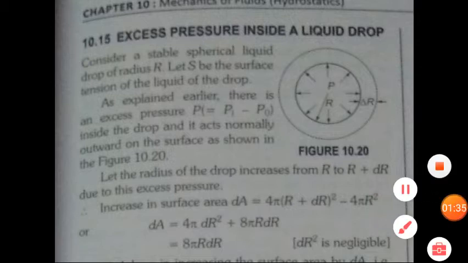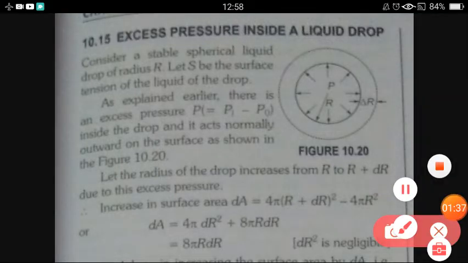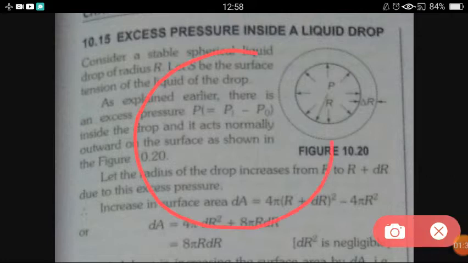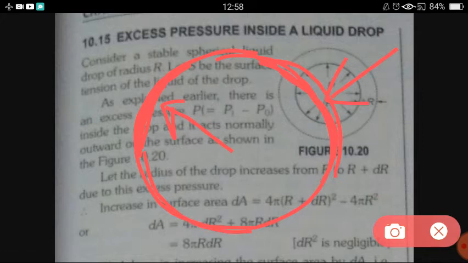Please remember that from inside, when we look, it looks like a concave surface, but when we look from the outside, it is a bulging out part, so it looks like a convex surface. So from inside the surface is concave and from outside the surface is convex.